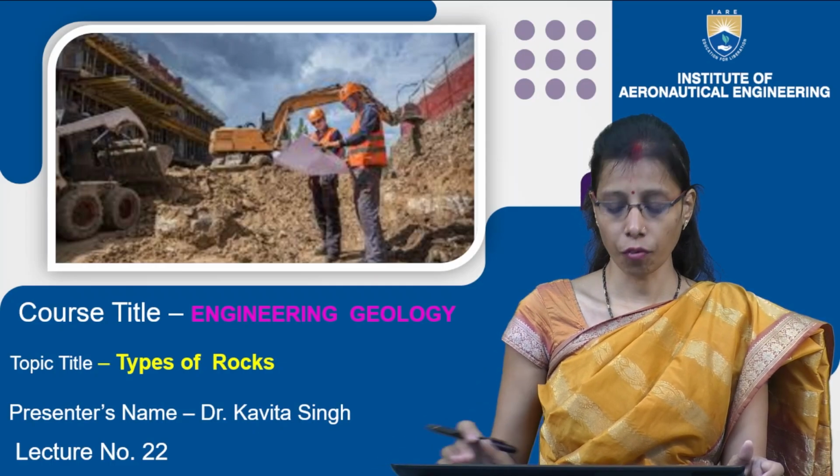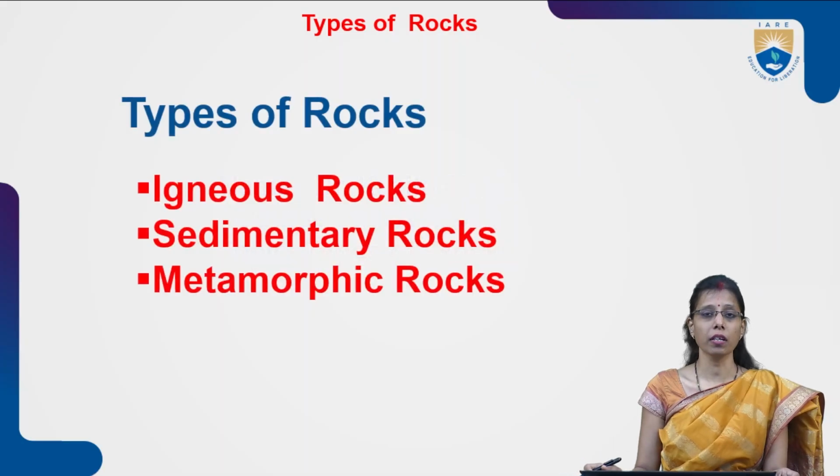So here, types of rocks. Based on the formation, we have three types of rocks: igneous rocks, sedimentary rocks and metamorphic rocks. These three types of rocks are formed based on lava formation and magma formation.